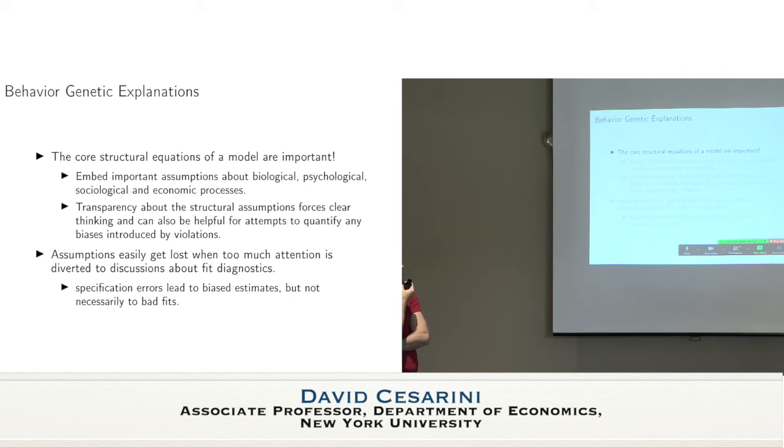I think when you look at behavior genetic explanations, it's important to think about the core structural equations of the model and what's being assumed. And they tend to embed important assumptions, sometimes very indirectly and opaquely, about processes, not just biological processes, but also psychological, sociological, economic processes that social scientists often have interesting things to comment on.